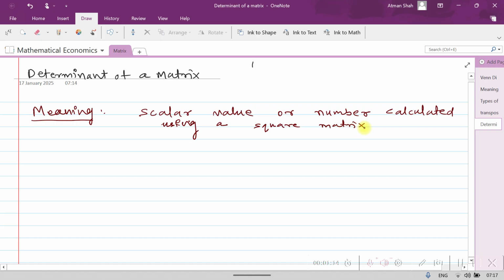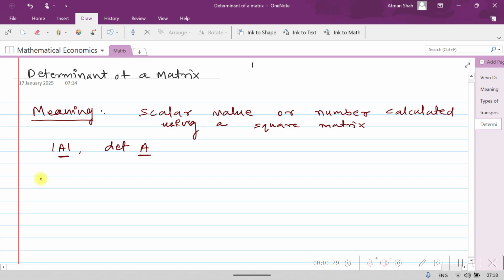And it is denoted by either |A| or det(A), where A is a square matrix.